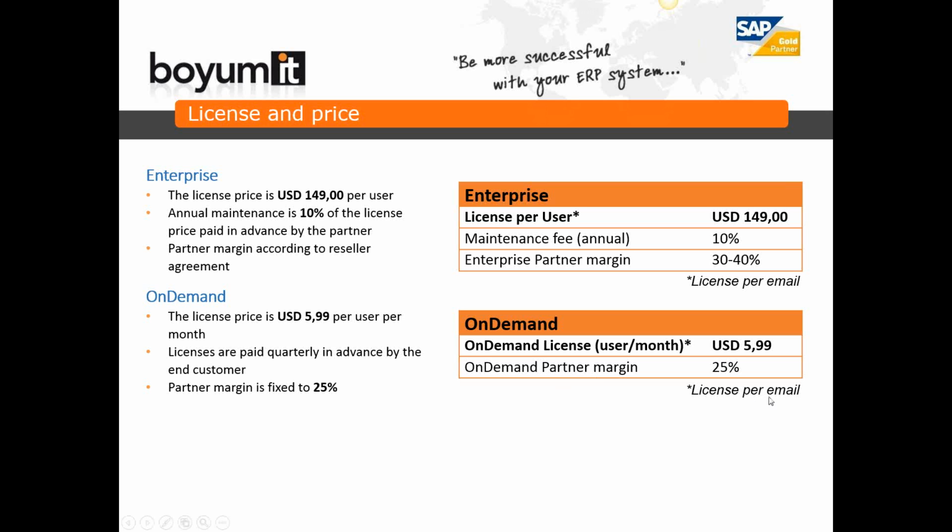Now, as I said, the license is per email. If you are asking what kind of license we need in terms of SAP Business One, does each user need to have an SAP Business One user license as well?